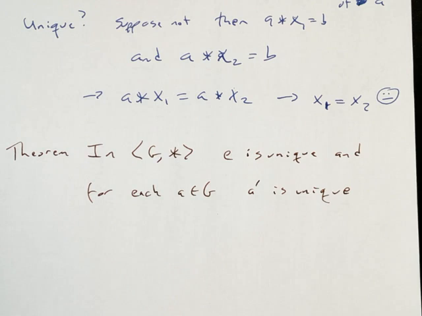So how would I go about showing that an inverse is unique?